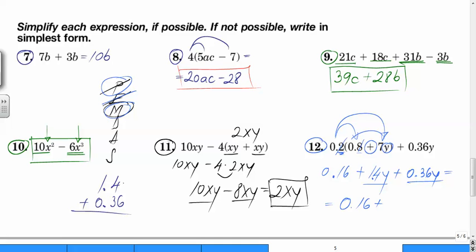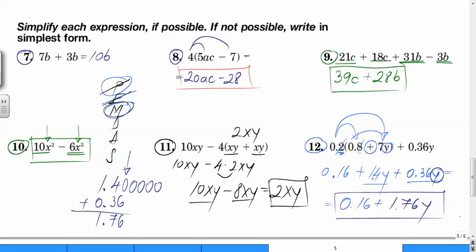And now 1.4 is actually 1.40. If you want, you can add as many zeros as you please, nothing changes. Right to left, adding up, 0 plus 6, 6, 3 plus 4, 7, bring down your decimal point, 1 plus 0, 1. Okay? That would be 1.76. Don't forget our friend here, y, or yo-yo if you want, and this is it, right?